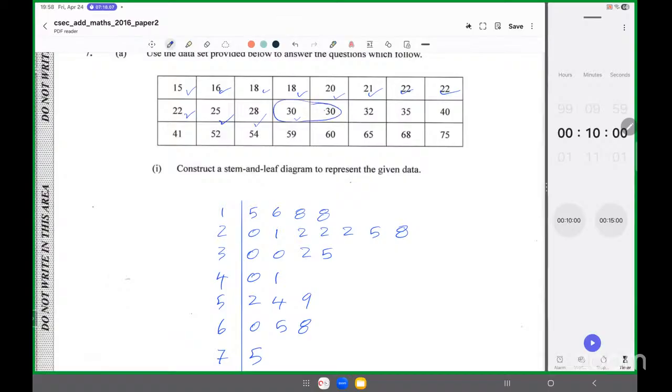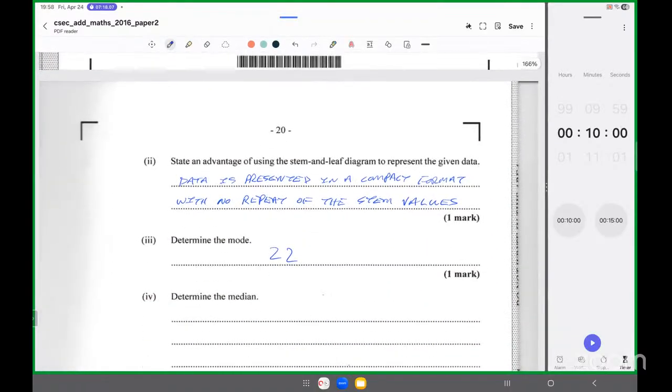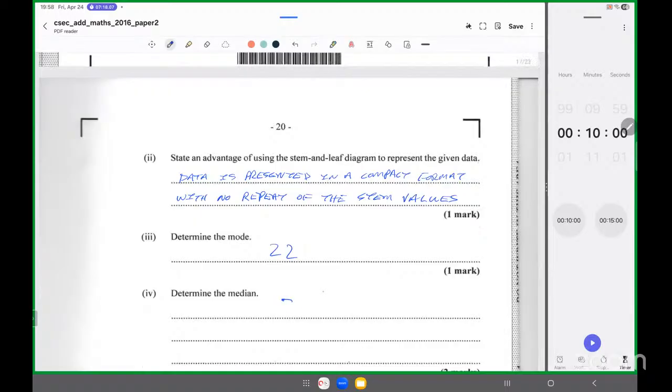So the median is 30, because it's the 12th plus the 13th divided by 2, so 30 plus 30 divided by 2.